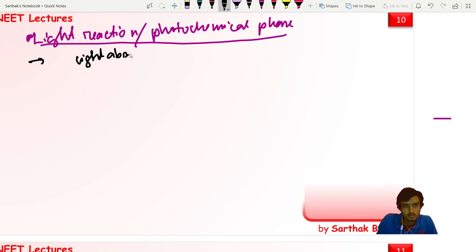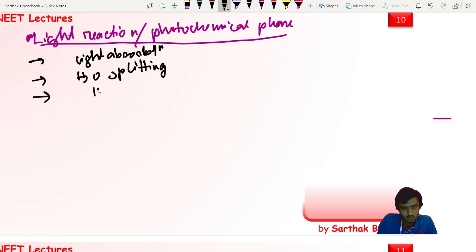In the light reaction, light absorption occurs. Secondly, H2O splitting occurs.